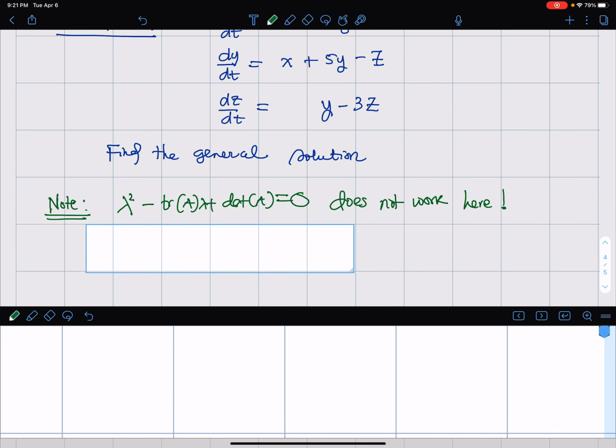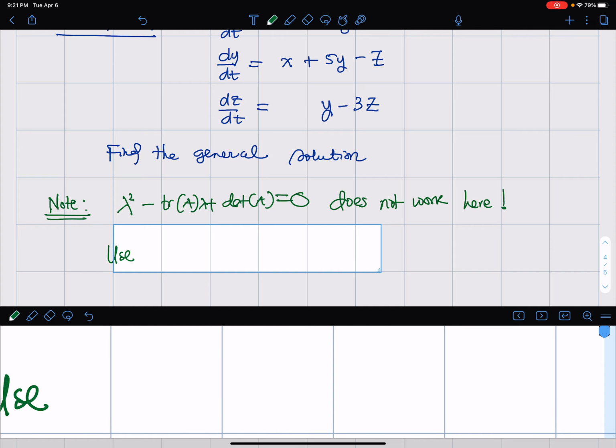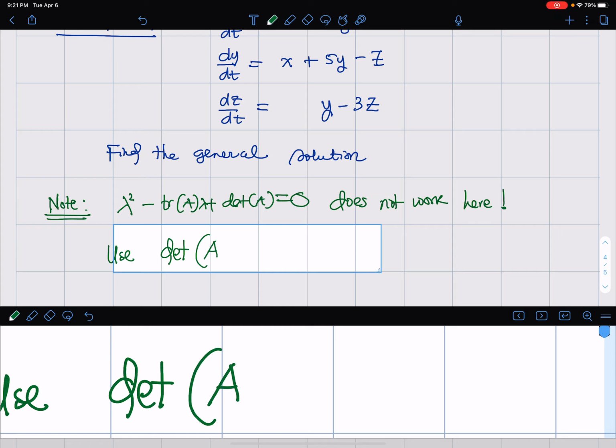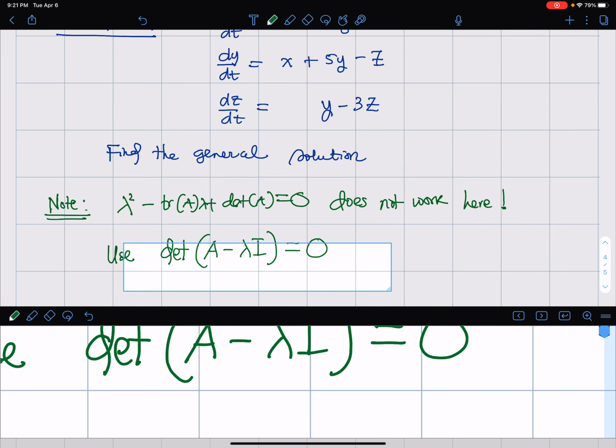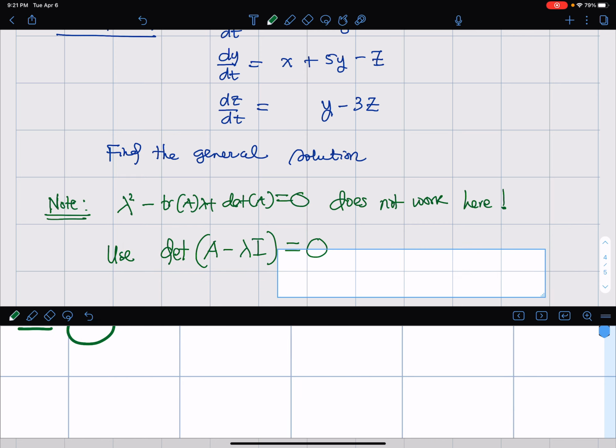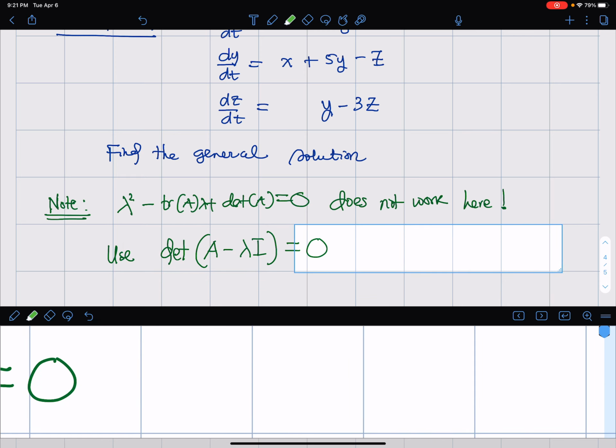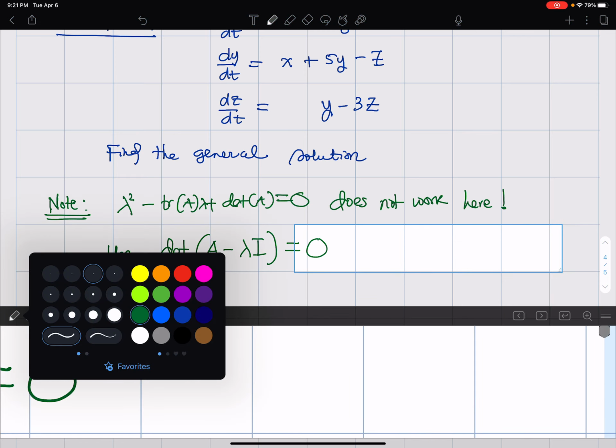So you have to use the definition of eigenvalues: determinant of A minus lambda I equals 0. You have to compute the determinant of A minus lambda I and set it equal to 0. What is I in this case?